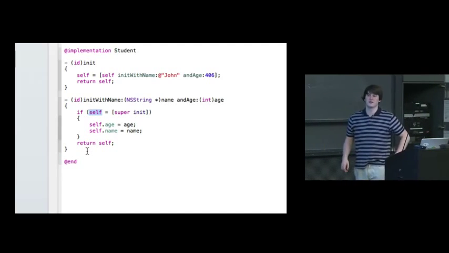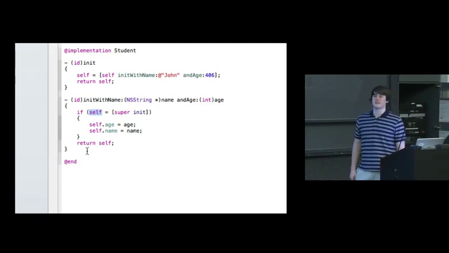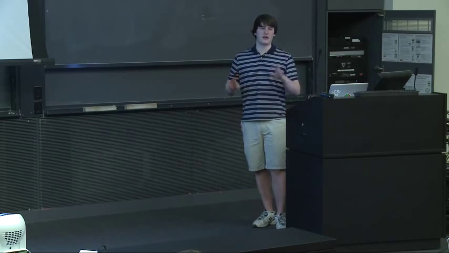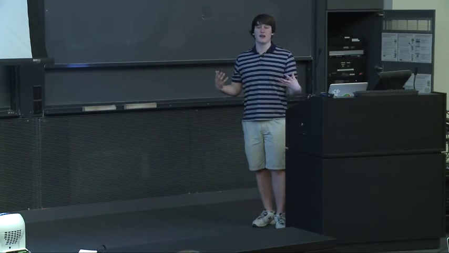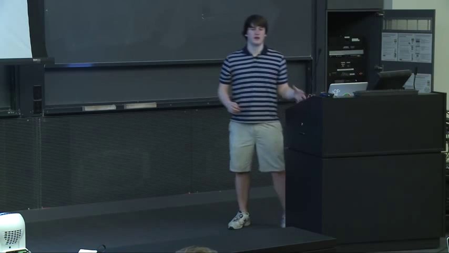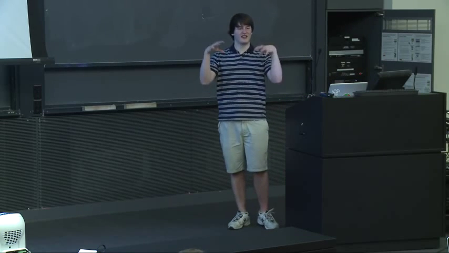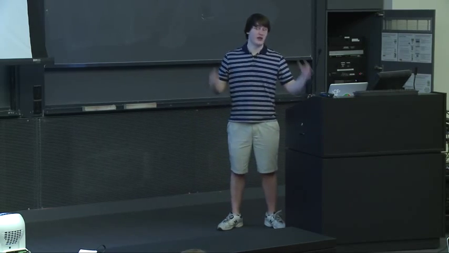Yes? Is self similar to this in Java? Yes, yes, yes. Self and this are 2 things you see in languages. There is no this in Objective-C. They just call it self. It means this current object. So when I have a student, like I just allocated a student, and then I pass that student the message init with name whatever, then self refers to that student I just passed the message to.